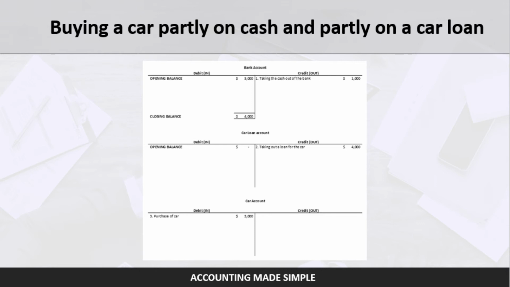So cash will still be going out. So this is also recorded as a credit or out. And number 4, as in the previous example, the accounting entry in the car account has not changed. You still have a car valued at $5,000 coming in to your possession. So you still record a debit or an in to the car account.